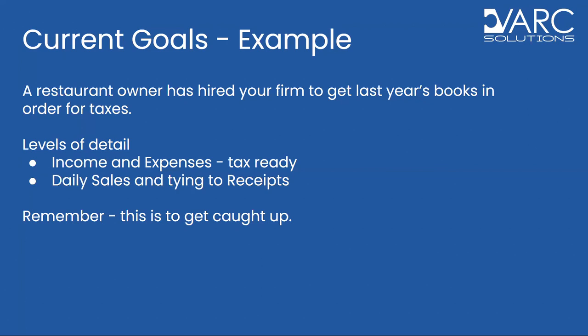So if they need income and expenses entered for taxes, your deposits are going to go into sales. Your purchases are going to get lumped into various categories. You still need to watch for outliers. For example, a large deposit may be an equity contribution or a loan. And you still need to confirm with your client that the end result looks reasonable to them.